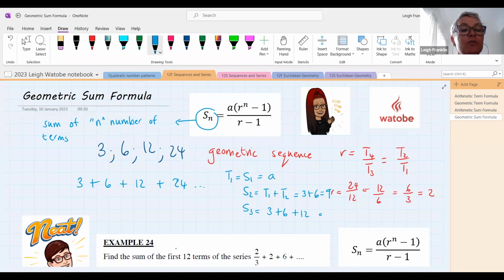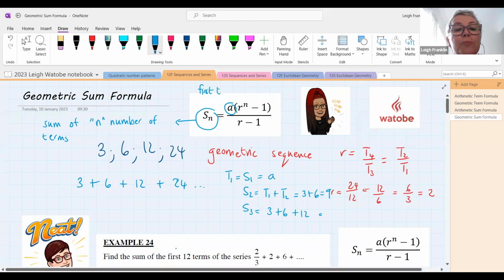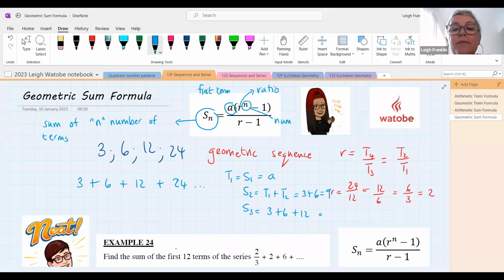We are adding the terms together. a, as always, represents our first term. r is our constant ratio. And n is the number of terms in the series or sequence.